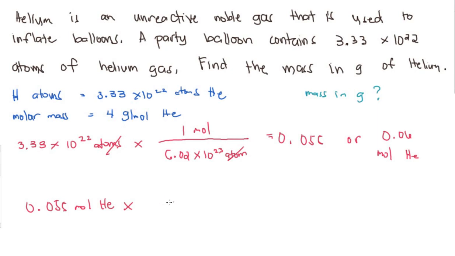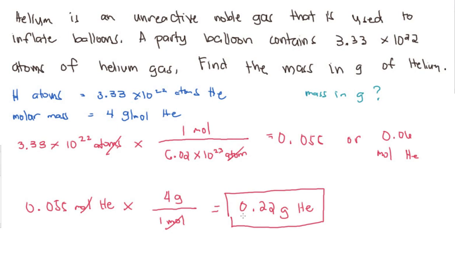We put the 4 grams on top and 1 mole at the bottom to cancel the unit of mole. So we have 0.055 multiplied by 4 is equal to 0.22 grams of He.